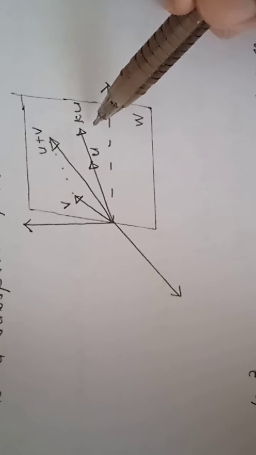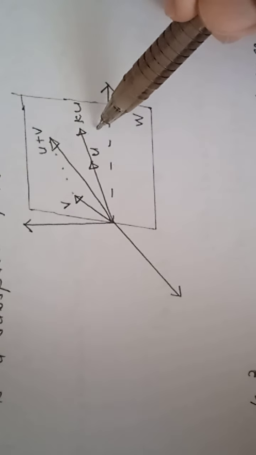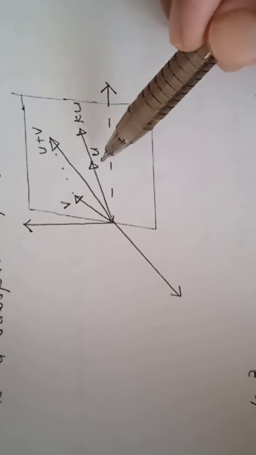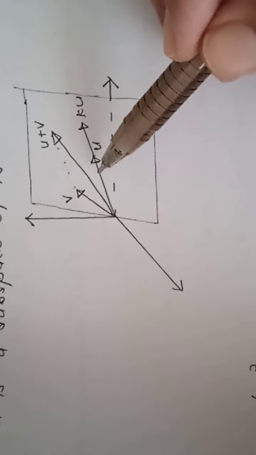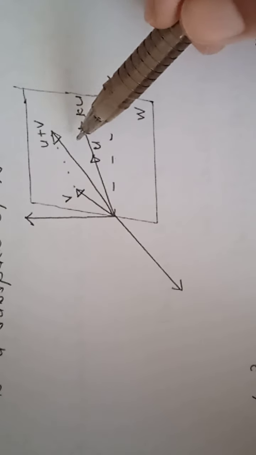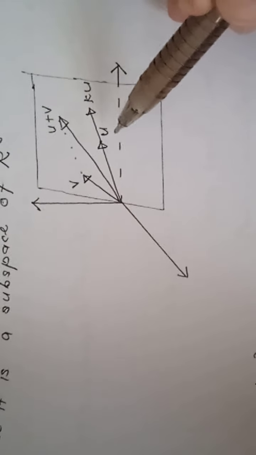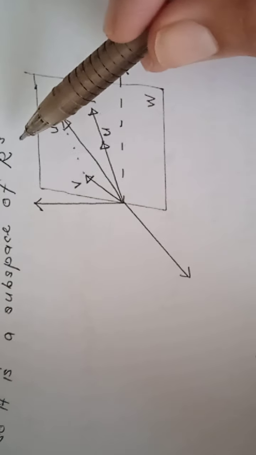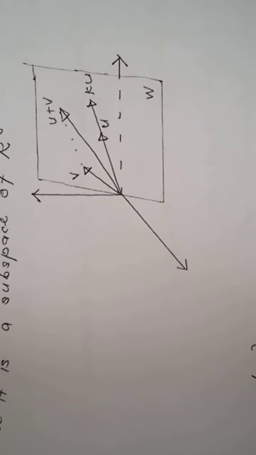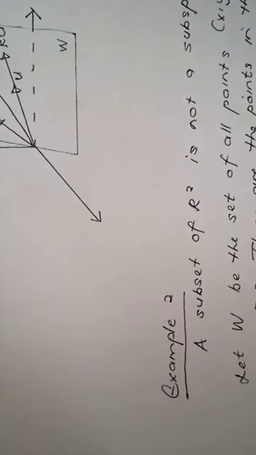So it meets the second condition. Therefore, since u and v are in W, u plus v is also in W and ku is also in W. So W is a subspace of R3.